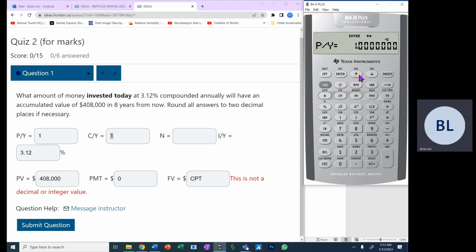So we could either go up or down. Let's go up. CY is right there and it is also 1. Remember I told you we could go down. There is CY and then there is CY. Now to get out of here, I will just hit second CPT and that will quit because it activates the command that's just above CPT. So we're out of there.